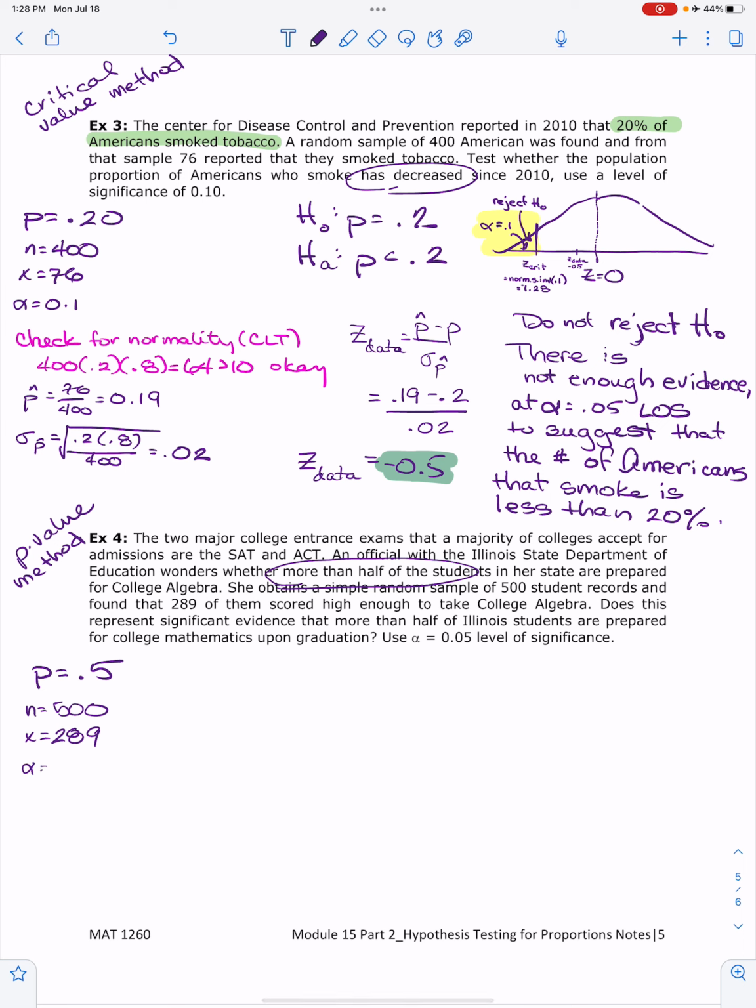We again are using an alpha of 0.05. So first is that central limit theorem. Let's see if that holds. I've got a sample of 500. I've got 0.5, 1 minus 0.5. I get 125, which is greater than 10, so we are okay.